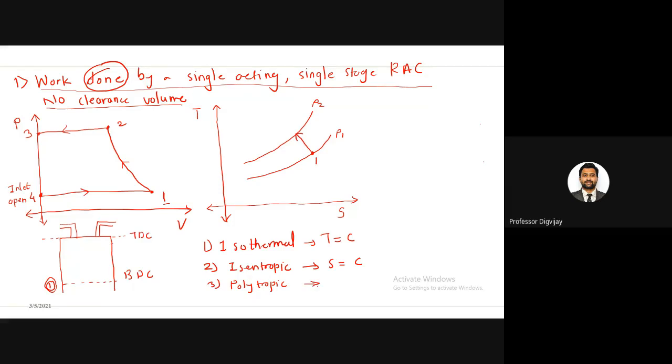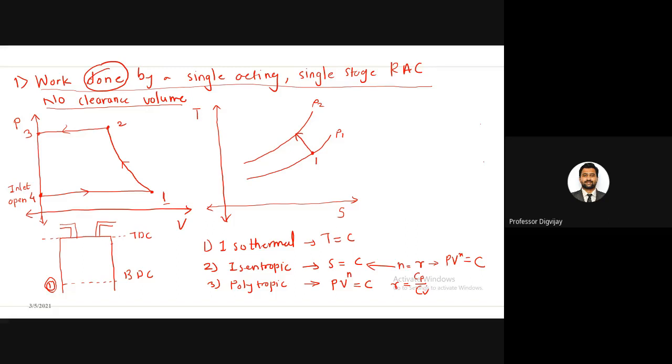Polytropic means it follows the law PV raised to N equal to constant. And if you take this N as gamma, that will be PV raised to gamma equal to C, which is an isentropic process. Again, this gamma is nothing but the ratio of specific heats, Cp by Cv.